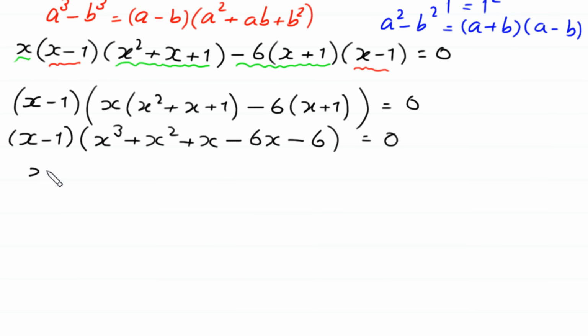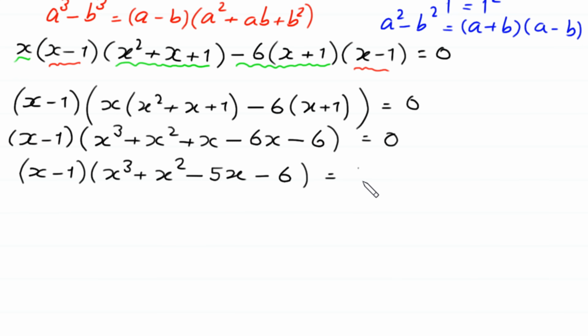Next, x minus 1 times x cubed plus x squared, this 1x minus 6x is negative 5x, minus 6 is equal to 0. Next, x minus 1 times x cubed.